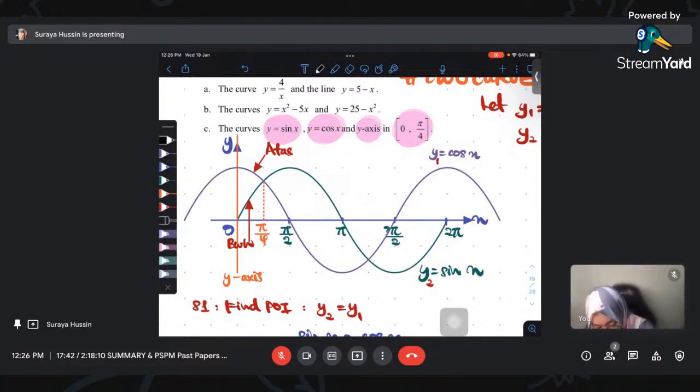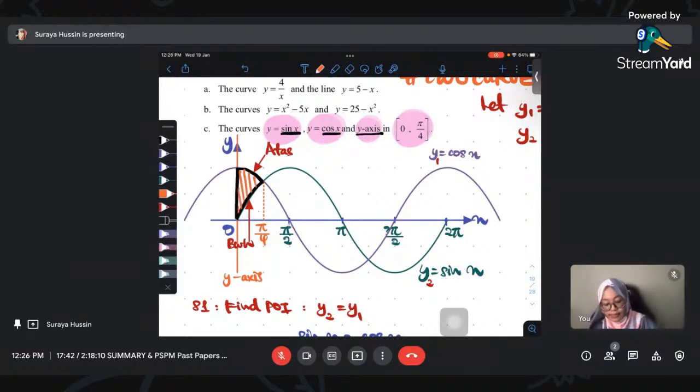The curve of apa? The curve of the sine. This is the curve of the sine. The curve of the cos. This is the curve of the cos. And the y-axis di mana? Y-axis di sini. Therefore, the region that should be shaded is this one. Bukan di tempat lain.